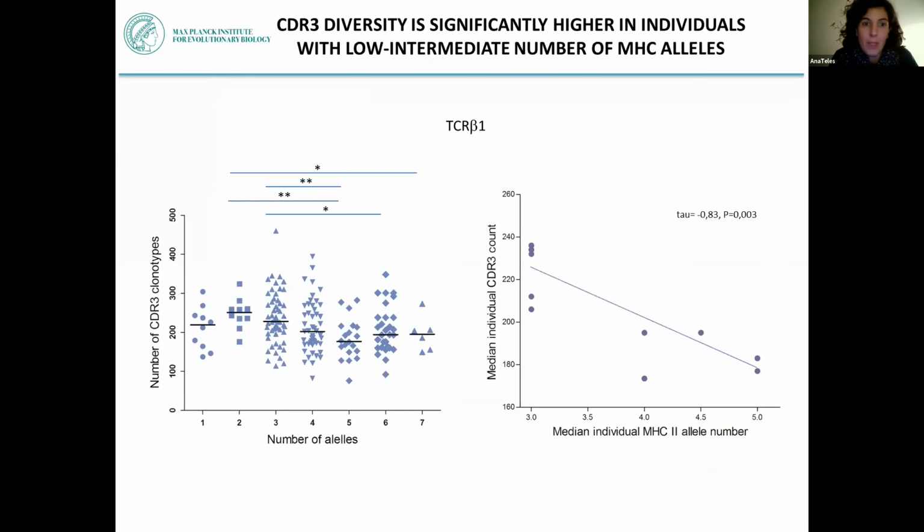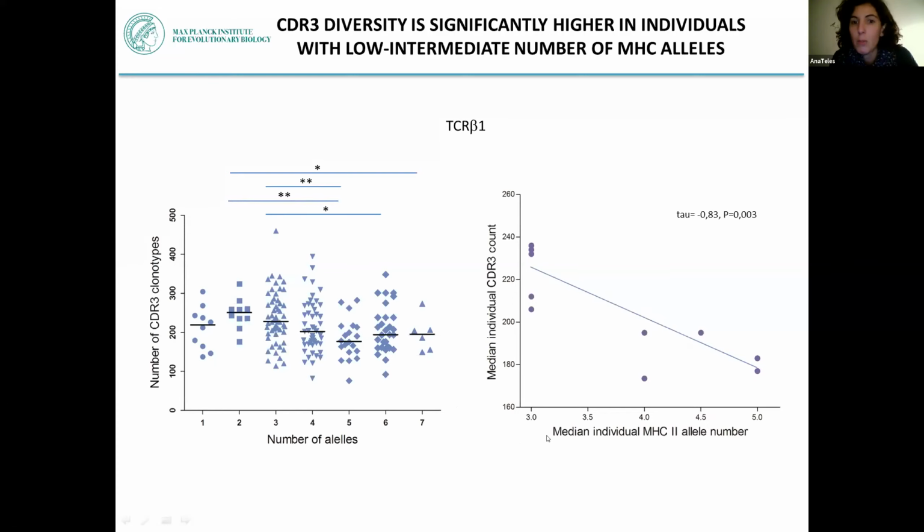And then when we were comparing the number of alleles with the number of CDR3 clonotypes, we found that the diversity of the T cells, so the number of CDR3 clonotypes, was higher when there was a low to intermediate number of MHC alleles, and not when it was a higher number of MHC alleles.